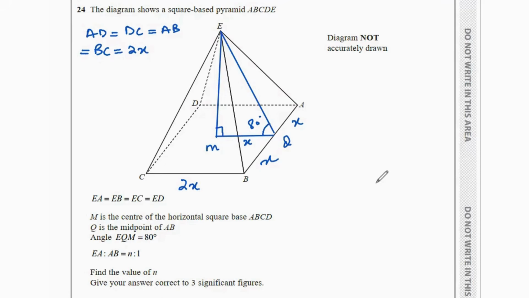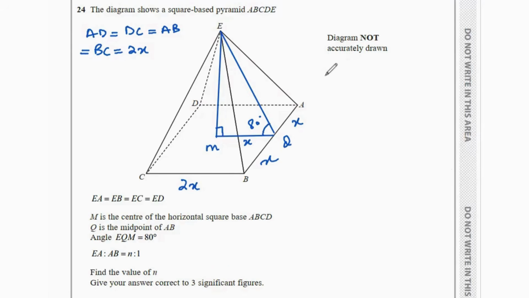So using this, we can figure out the measurement for EQ, because we need EQ to figure out a value for EA. We know EQ is the hypotenuse for this right angle triangle, and we have the adjacent, which is x, based on our assumption, and we have the angle. So let's create a value for the hypotenuse in terms of x as well.